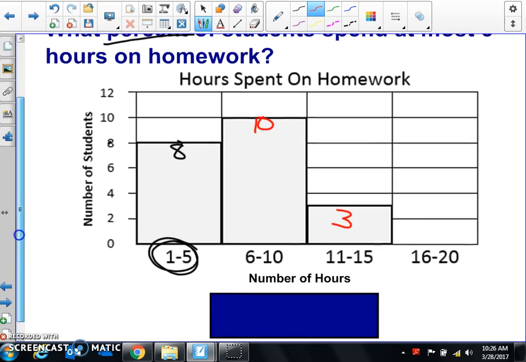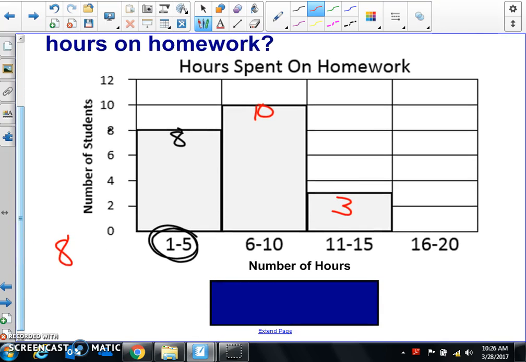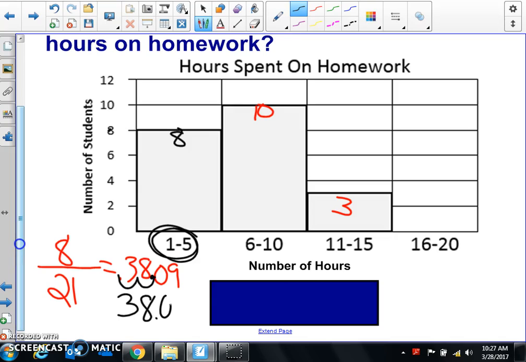So from 1 to 5 is 8, because that's at most 8 people. But then it's over the total amount of people on the bottom. We already determined 8 plus 10 plus 3 was 21. So it's 8 over 21. I'd put 8 divided by 21 into my calculator, and I would get 0.3809. And then I would just go ahead and double dip that to make that 38.09%.